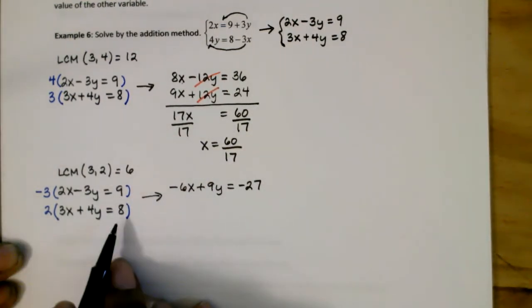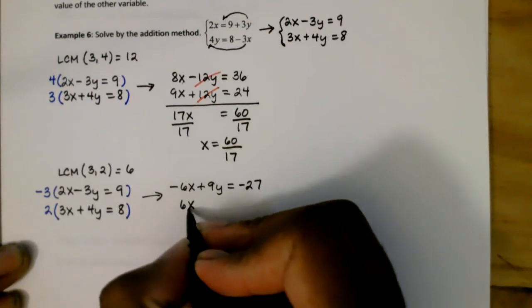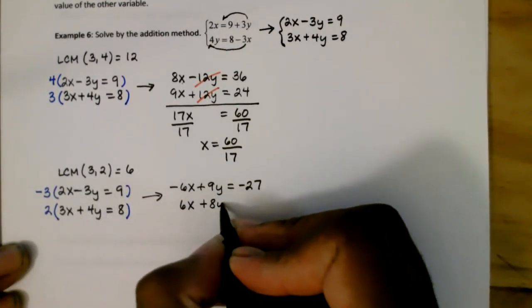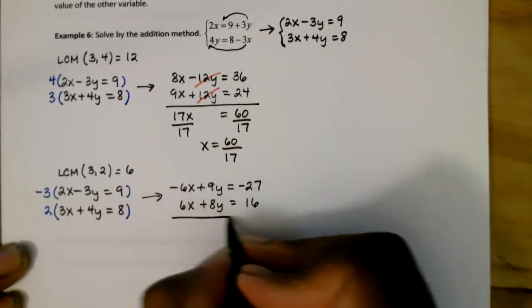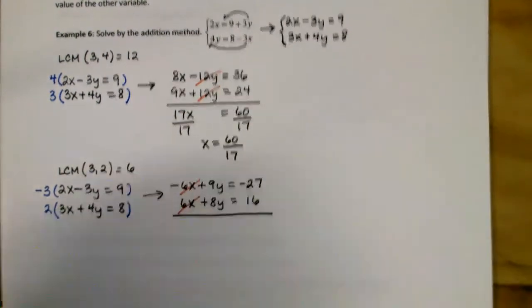Now for the second equation, I'm multiplying it by 2. So 2 times 3x is 6x. 2 times 4y would be plus 8y equals 2 times 8. That'd be 16. All right, so when I combine those two equations, the 6x's are gone.